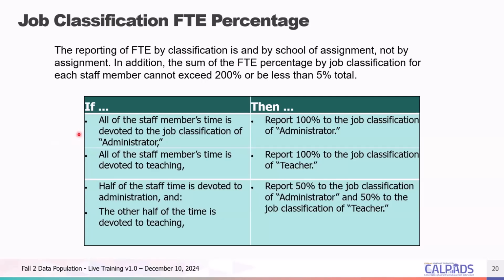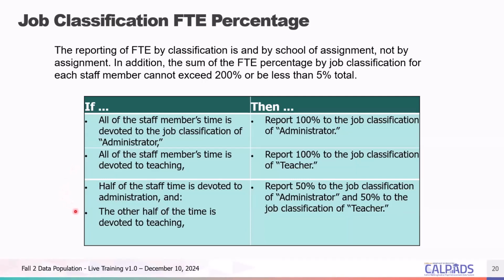If a staff member devotes their full-time schedule to work as a principal, then 100 should be reported in the FTE percentage field because 100% of the FTE is spent working in the job classification of principal. And the same is true of a teacher. If a staff member works full-time as a teacher and all of their time at your LEA is devoted to teaching, you would report them with an FTE of 100 under the job classification of teacher.